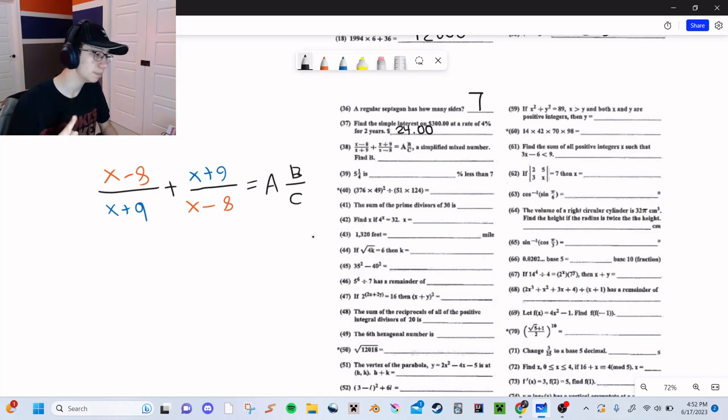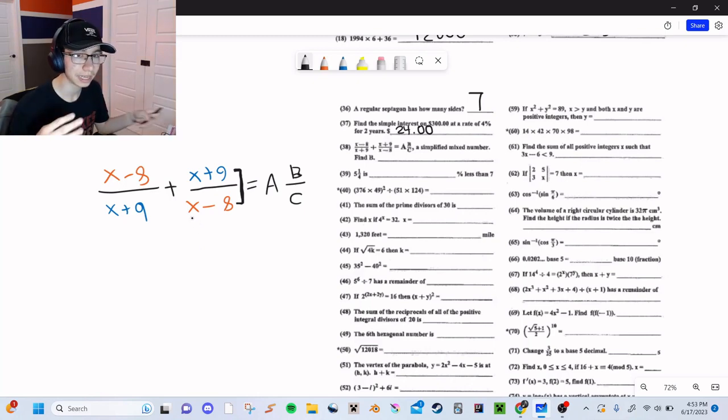The way you find the B term is you're going to take the difference between the numerator and denominator, the positive difference between them. And so that's just going to be a 9 plus an 8, right?